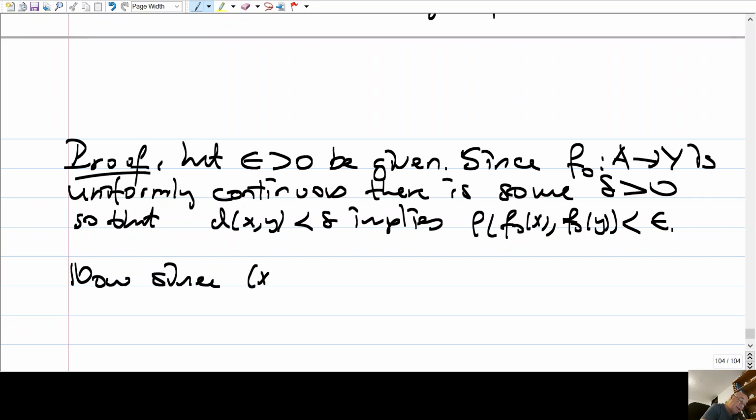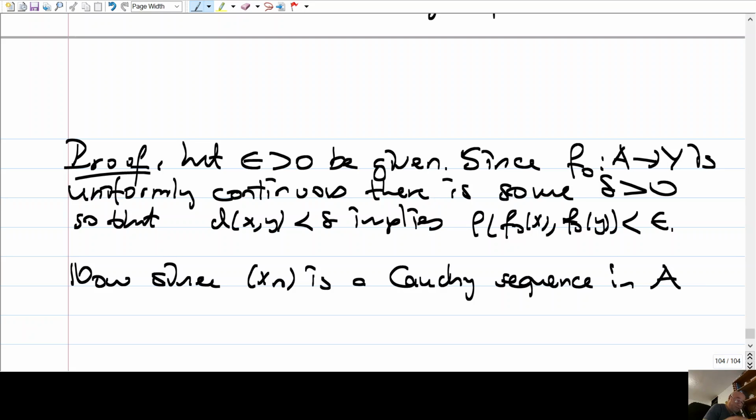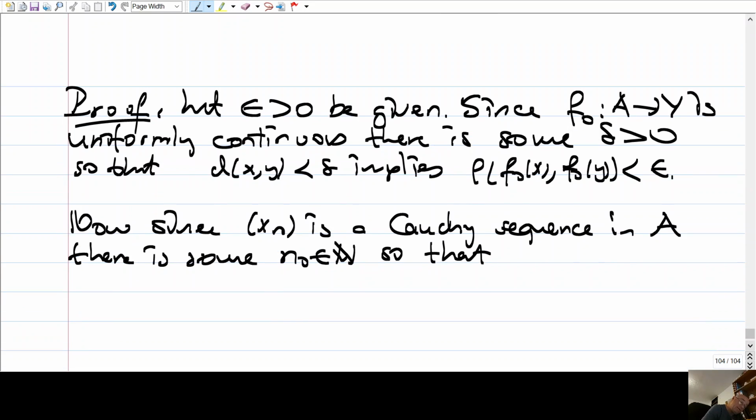Now, since xn is a Cauchy sequence in A, and therefore in X, there is some index n0 so that m and n larger than n0 implies the distance between xn and xm is less than delta.